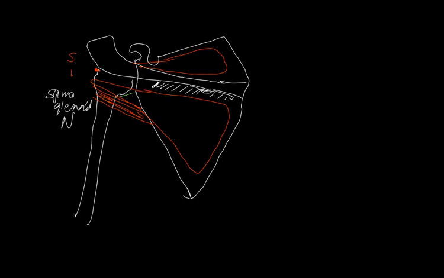Then you have the teres major, which is going anterior to the humerus to get attached to the medial lip of the bicipital groove, and you have the long head of triceps passing anterior to teres minor and coming behind teres major like this to form the triceps muscle.